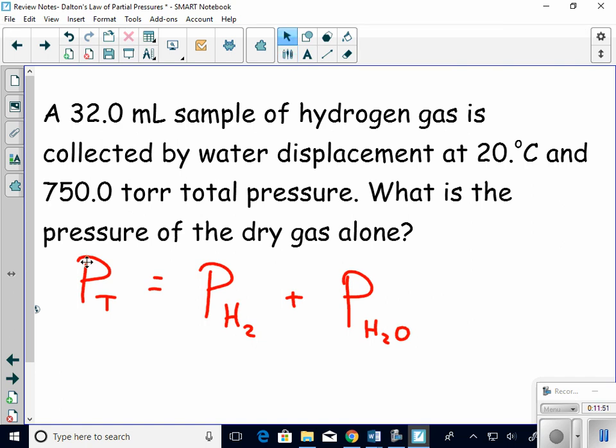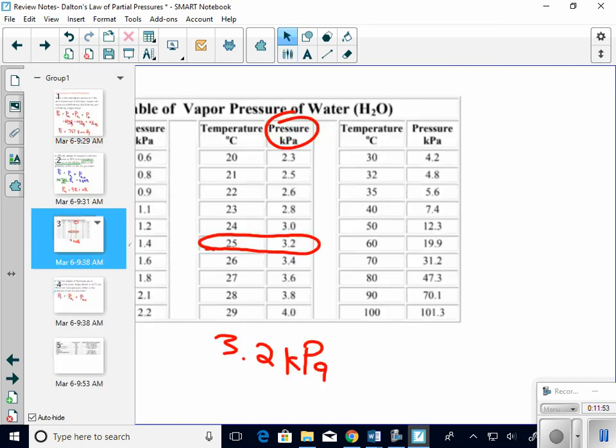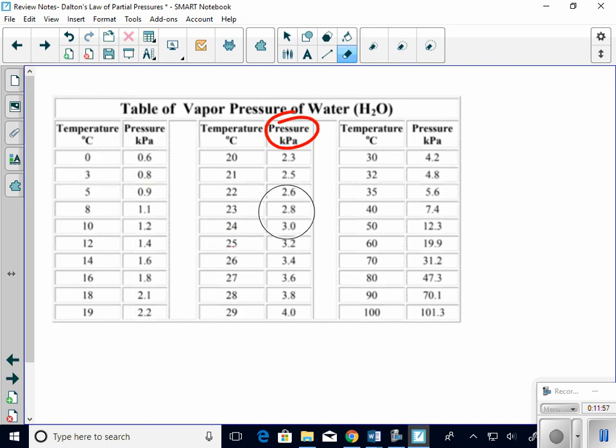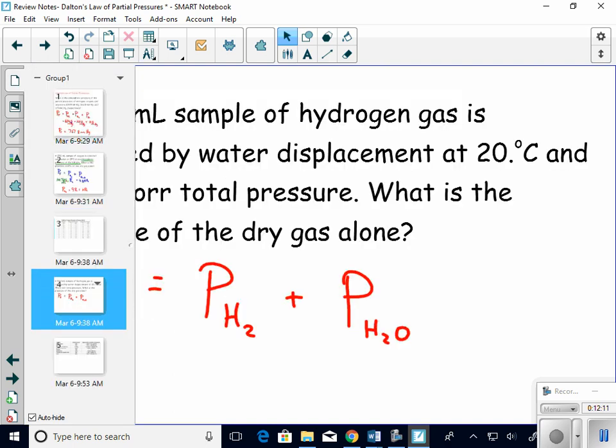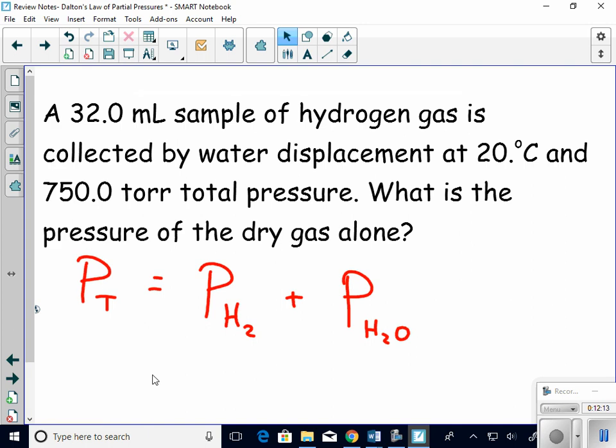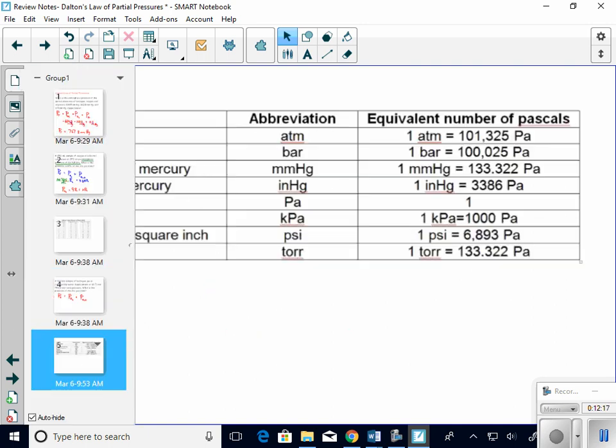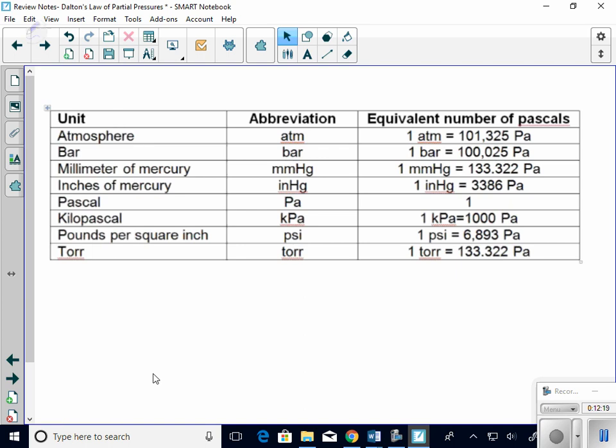Now, I know that this table here, where I've got to find my partial pressure, is in kilopascals, right? I was just given torrs. So I've got to do a conversion. So I come back and I look and I say 750 torr. Here's my chart.